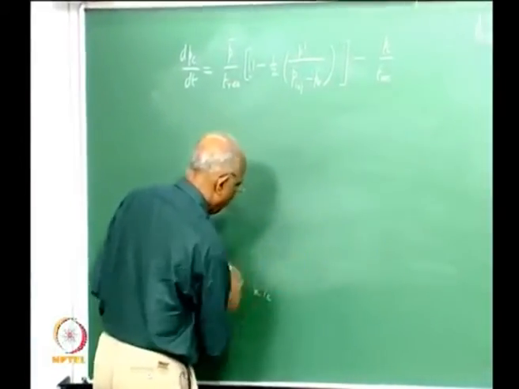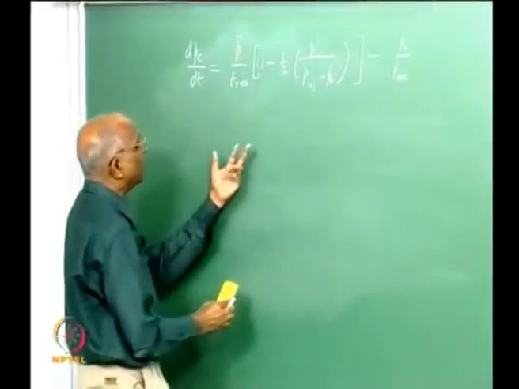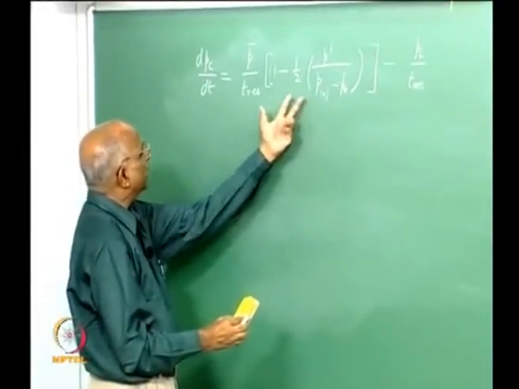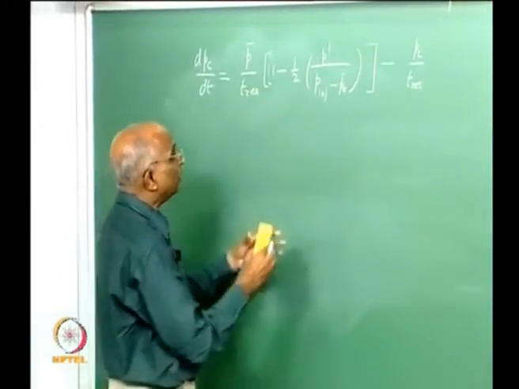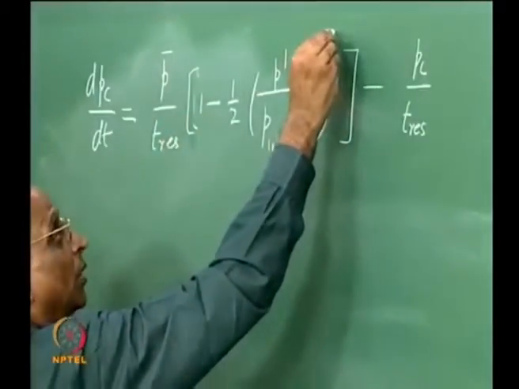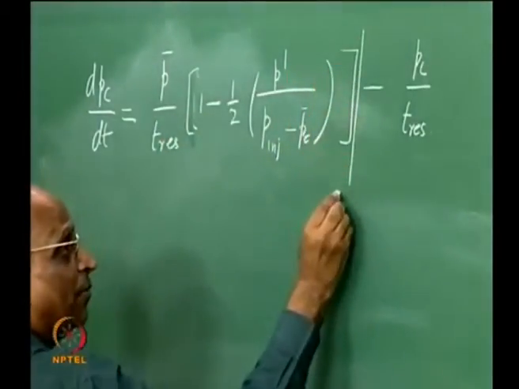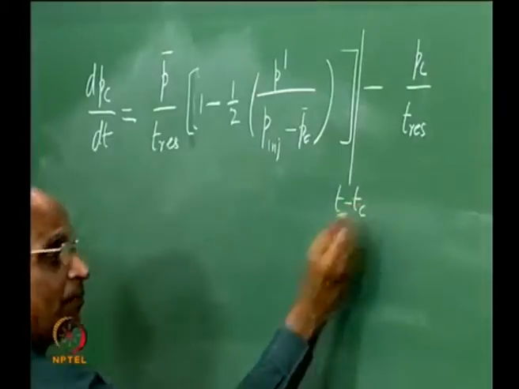To solve this equation, I need to get some way of relating the value of Tc, but mind you, something which we forgot, and what we forgot was this is at time T minus Tc.